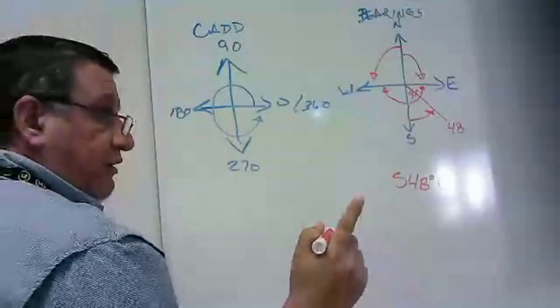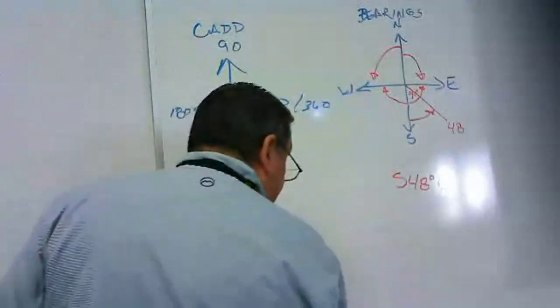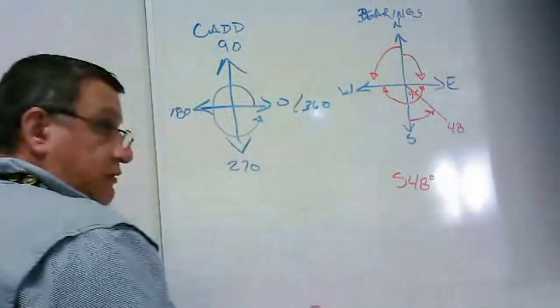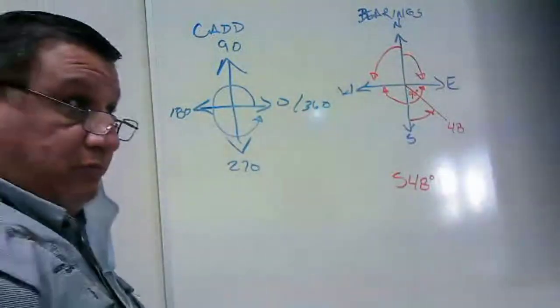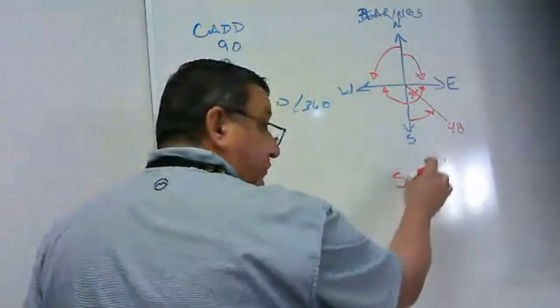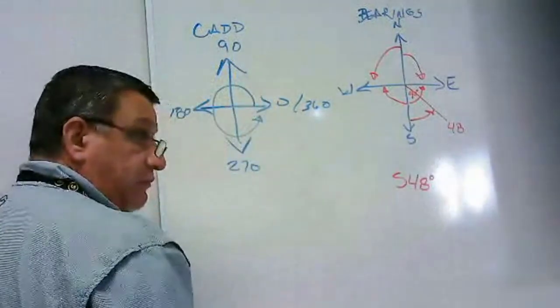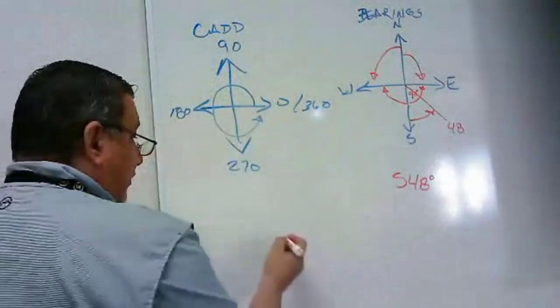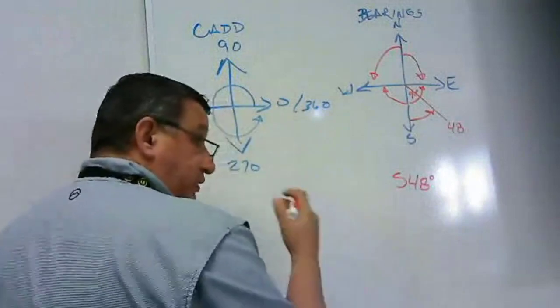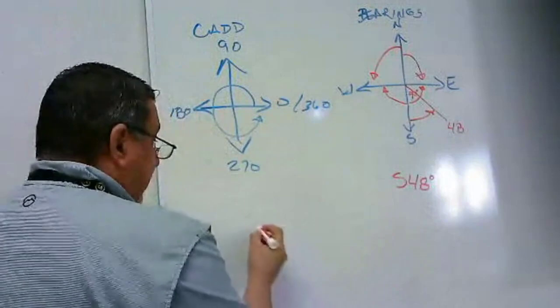Yes. Now, here's the thing. Because land is so valuable, we don't stop at the degree. We're going to find an interval, something smaller than a degree.